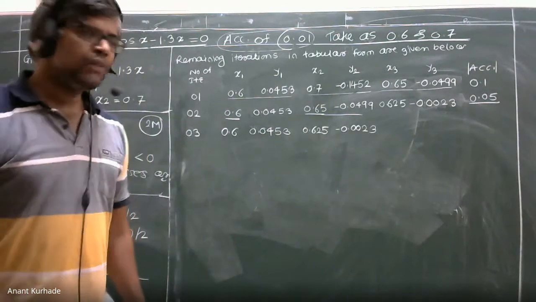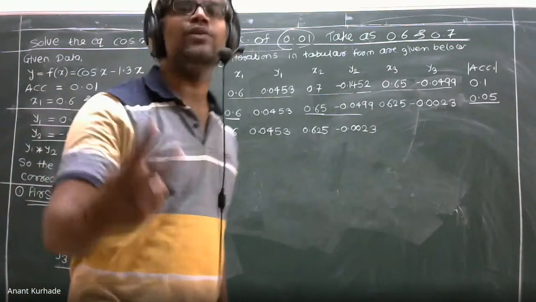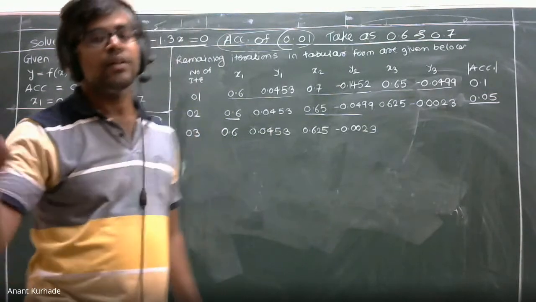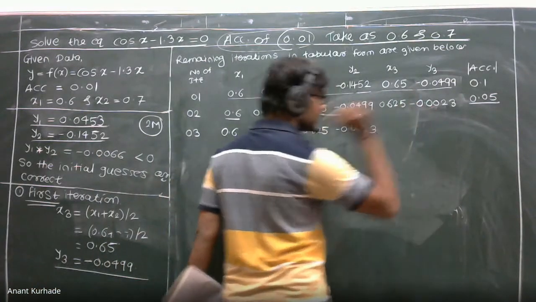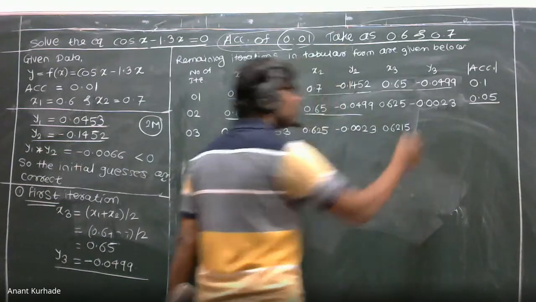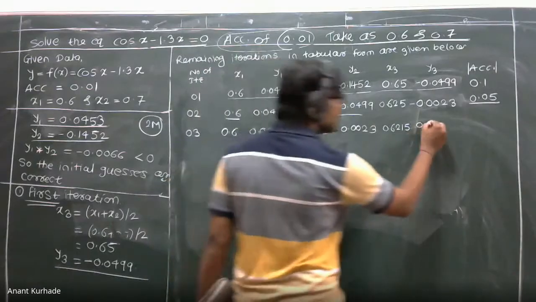If you have an exam in offline mode, not online, then I recommend always using two calculators. One calculator is for doing iterations and one calculator is for writing equations. Now x3 is 0.6125. y3 is 0.0215, and it is plus.